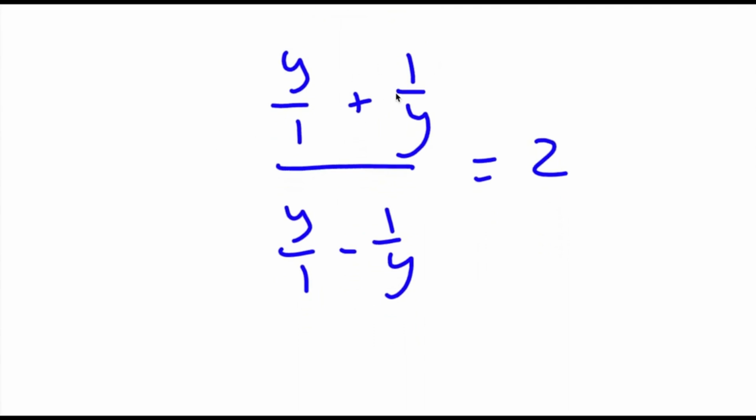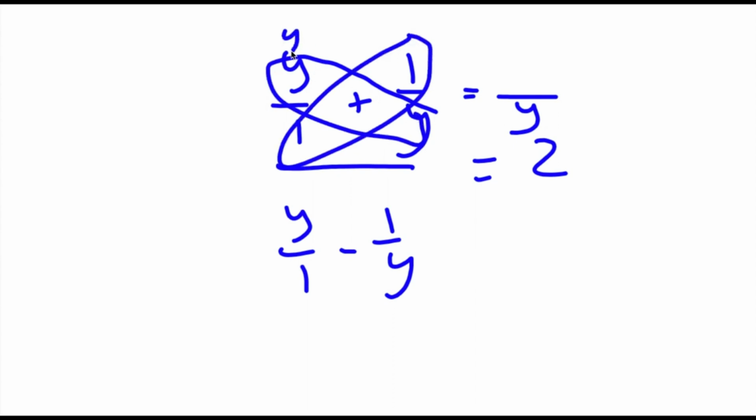Now for y over 1 plus 1 over y, 1 times y is y, so y is my denominator. Now I can cross multiply. y times y is y squared plus 1 times 1 is 1. So I have y squared plus 1 over y. Now for my denominator, 1 times y is y, so y is still my denominator.